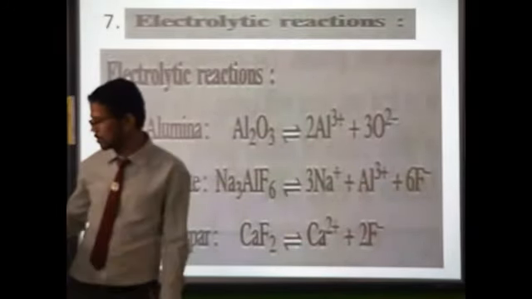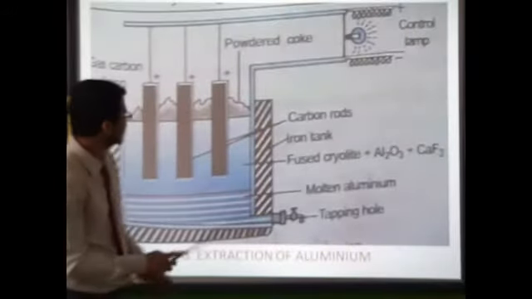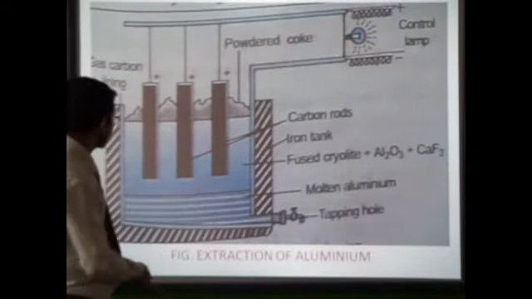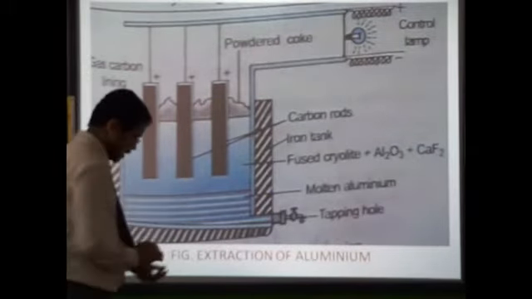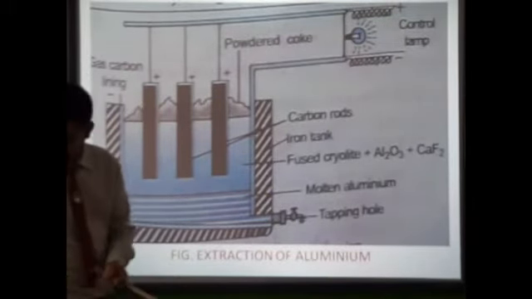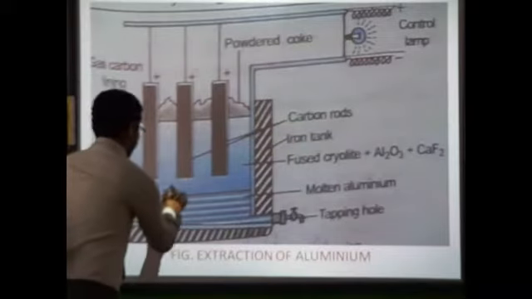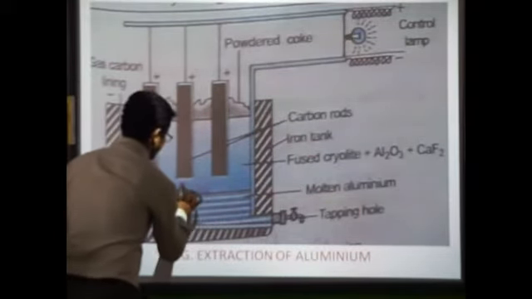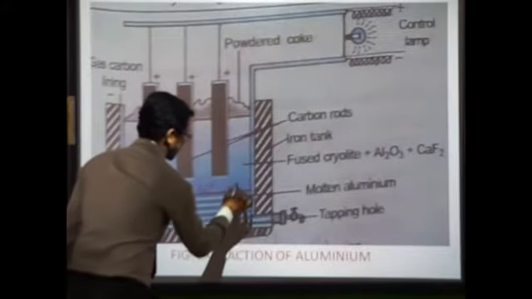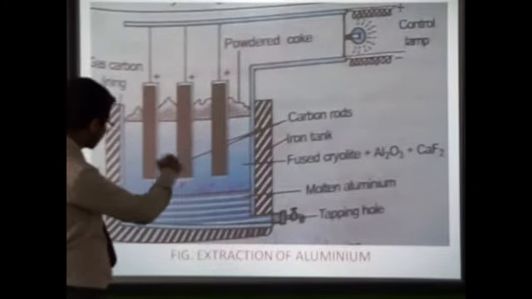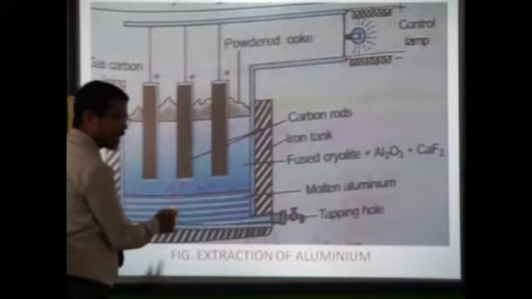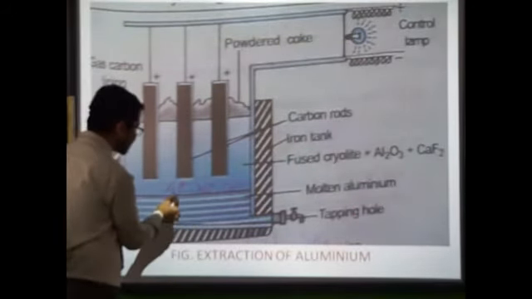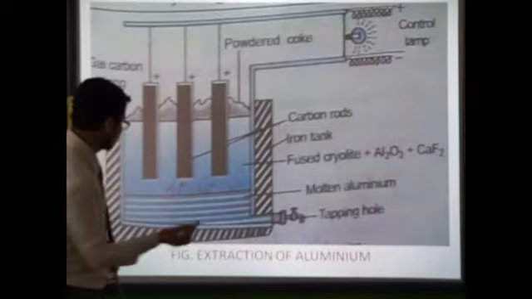Aluminium, sodium, and calcium are all there, but aluminium lies lower in the electrochemical series than sodium and calcium, hence it moves towards the cathode.